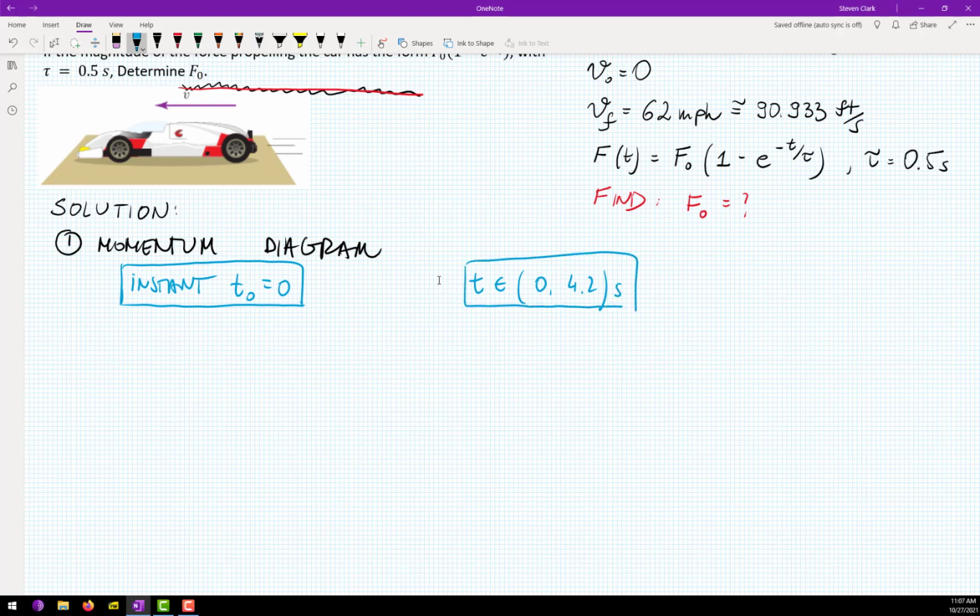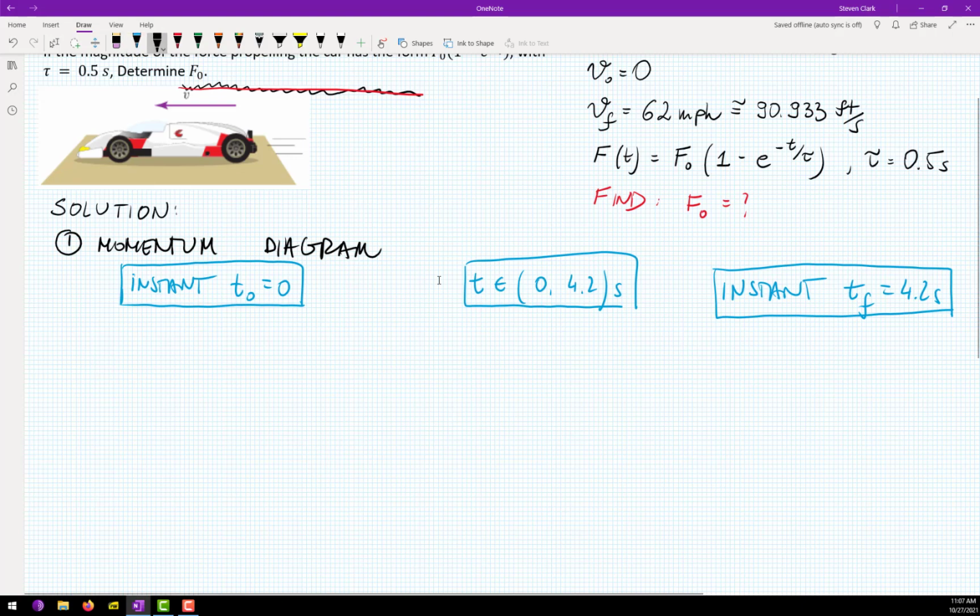And I also would like to draw what happens at t final equals 4.2 seconds. We will model our car as a particle, but I will represent it as a rectangle. So there will be a rectangle here, a rectangle here, and a rectangle here.